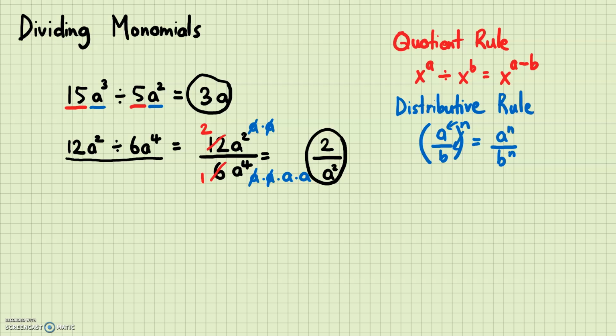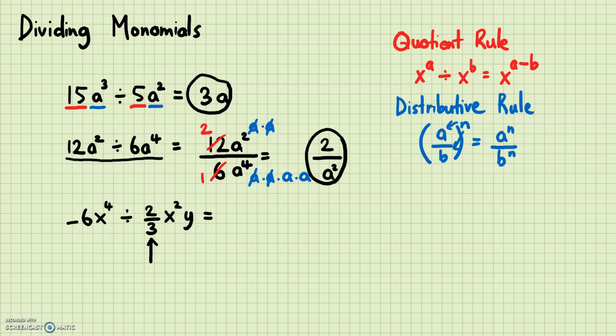Okay, let's try another problem. Negative 6x to the fourth power divided by 2/3 x squared y. Okay, the reason I've introduced this problem is because there's a hack you can do when you see a fraction in a division problem.